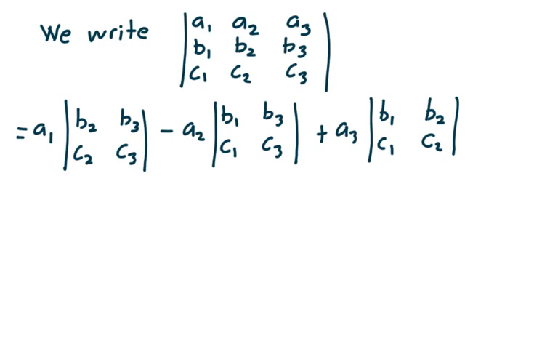Okay, so after all that, we can do a couple of examples. Let's take a look at example 1. I want the determinant of 2, 3, negative 1, 5.